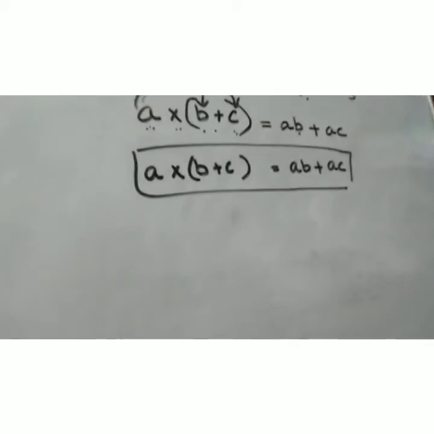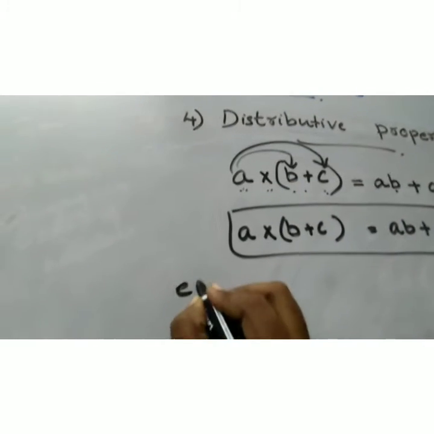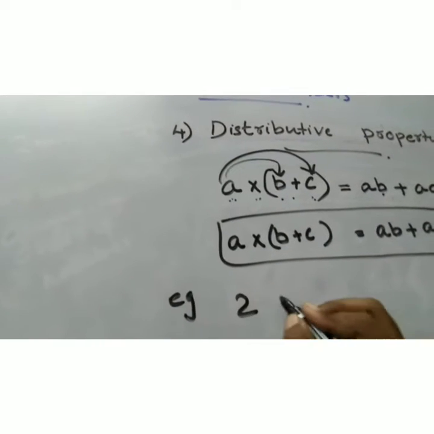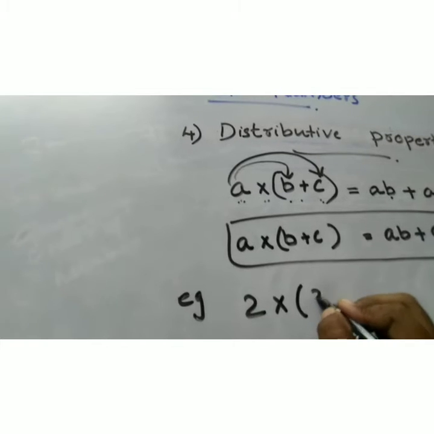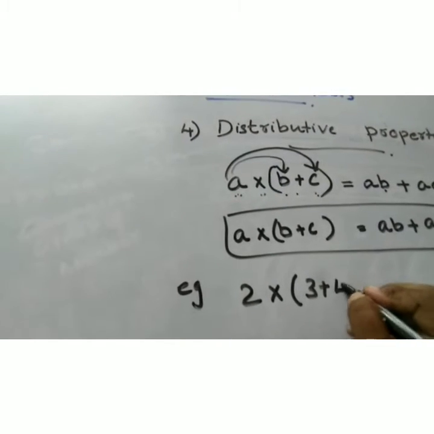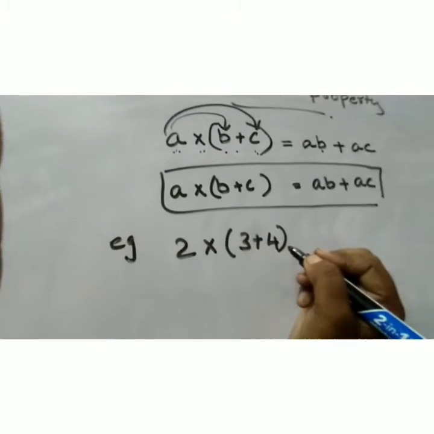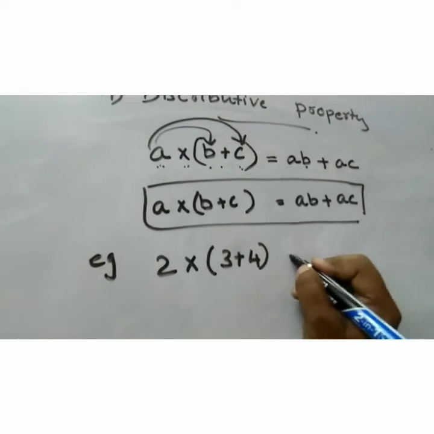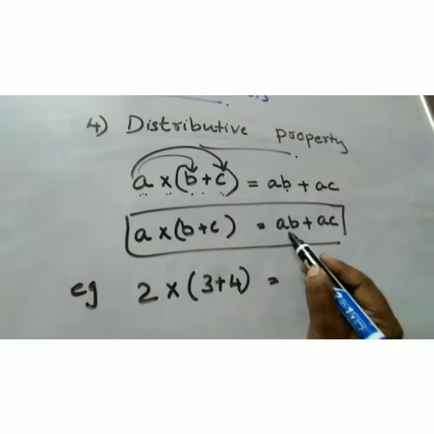Okay, take an example. A is 2 into B is 3 plus 4, is equal to AB.